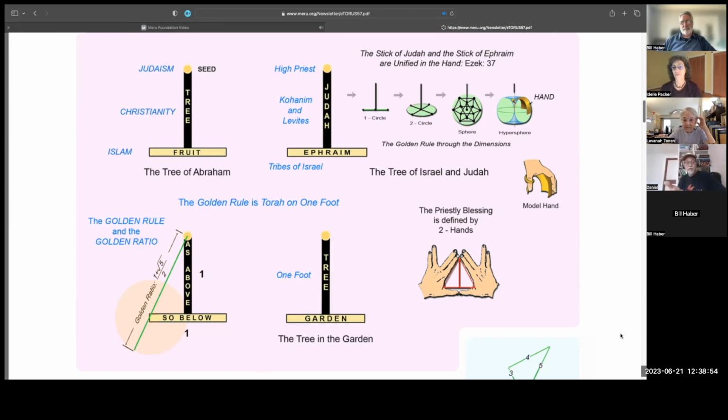People who are from Iraq or Persia or Iran, the Edot HaMizrach, the Eastern communities, they do that every day, no matter where you are. And in the Ashkenazi tradition, it's every Shabbos if you live, I think, in Eretz Yisrael.